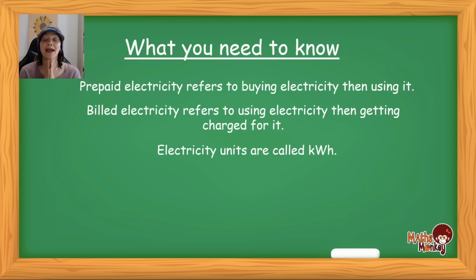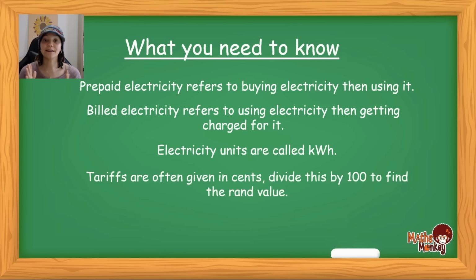When we're working with electricity, we call it kilowatt hours, right? So that's the unit for electricity. Then tariffs are often given in cents. So in order for you to calculate the rand values, you will have to divide by 100 to convert the cents value to rand. Please pay attention to whether the information is given in cents or rands.